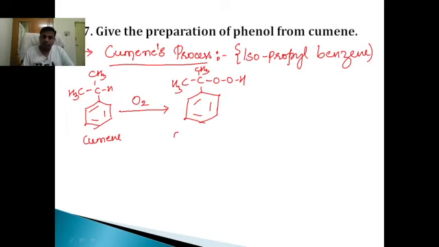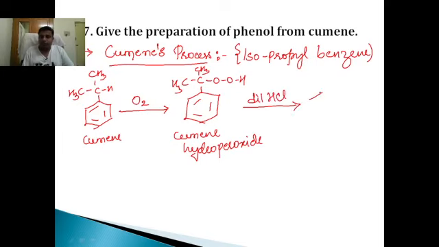This is called cumene hydroperoxide. Again, if this is acidified using dilute HCl, it will give phenol and acetone, CH3COCH3. Got it?